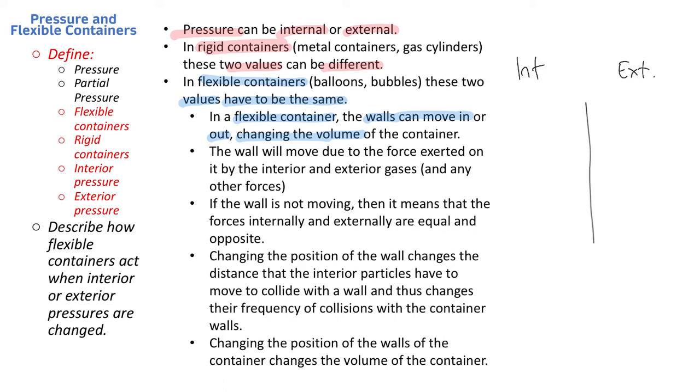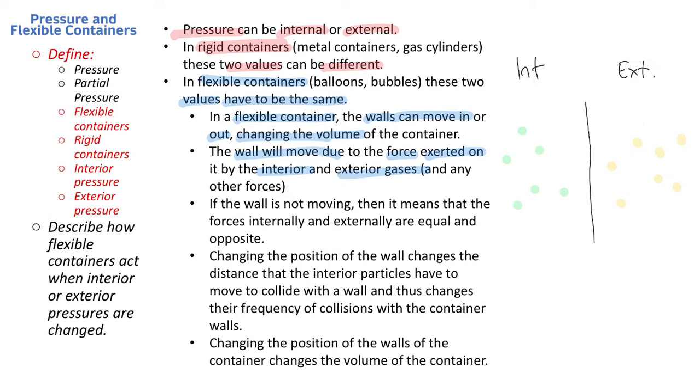The wall will move due to the force exerted by the interior and exterior gases. Say you have a whole bunch of interior gas particles and a whole bunch of exterior gas particles. When an interior gas particle bounces off that wall, it's going to move that wall towards the right, and if an external gas particle bounces along it, it will move it towards the left.